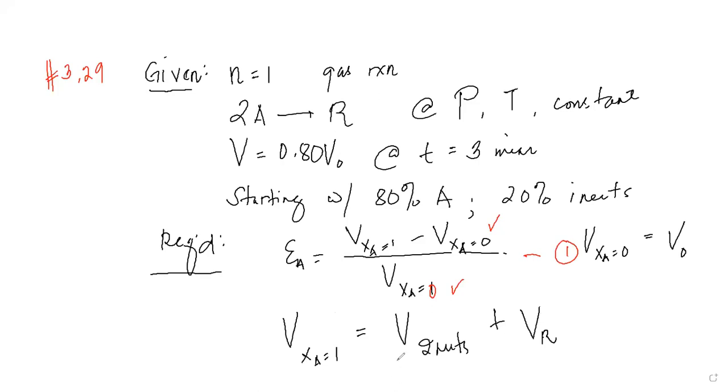In this case, it's not 100% A. Now, the volume of the inerts, we know already that we started with 80% A. So the volume of the inerts would be 0.20 V sub O. Since we only have 80% A, then 20% of the initial volume is for the inerts.